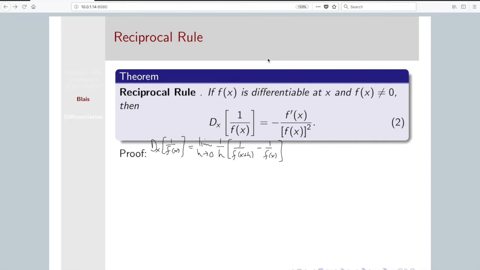Now, our next step will be to get a common denominator here. And so we need to multiply each term by the correct form of 1 to get our common denominator. So for the first term, we multiply by f of x over f of x. And then for the second term, we'll multiply by f of x plus h over f of x plus h.